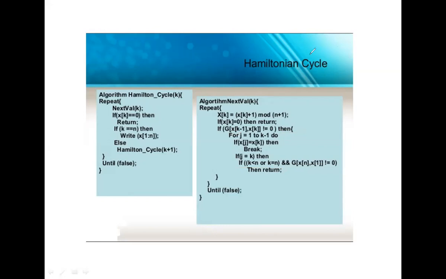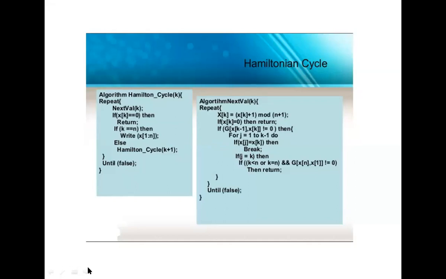Yes, every time you have to check all the vertices. Why? Because we are not considering duplicates. See here, if x of j equals x of k, it means the same number is repeated, then break.